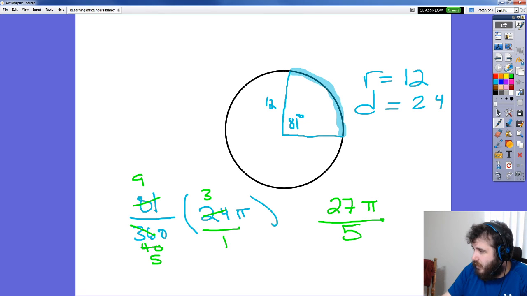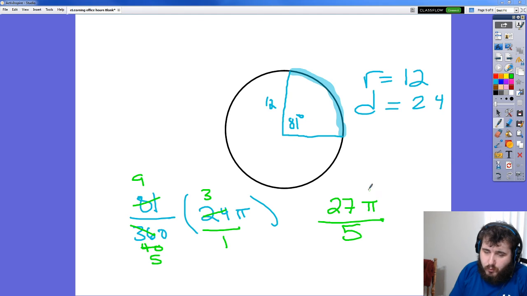The real question becomes, how do they want it? It says, simplify your answer, type an exact answer using pi as needed. So the way I've done mine is exactly how it should have been left.